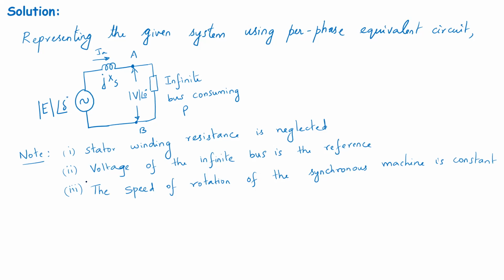In the problem statement, it is mentioned that the rotational losses are negligible. So as the rotational losses are negligible, power input and power output are going to remain the same.